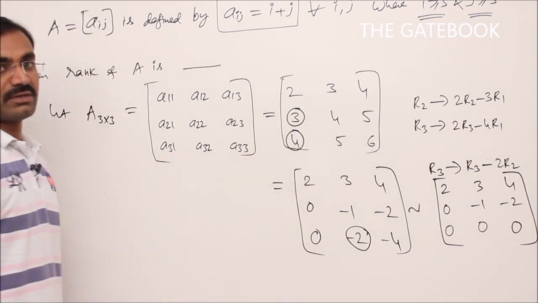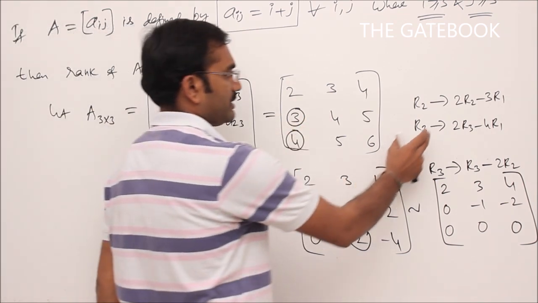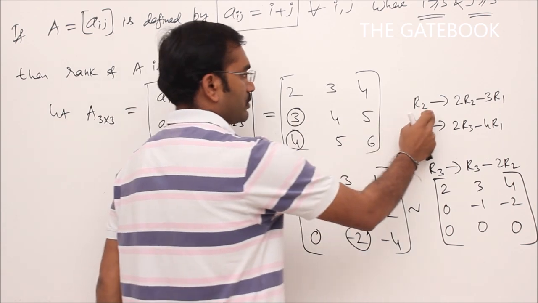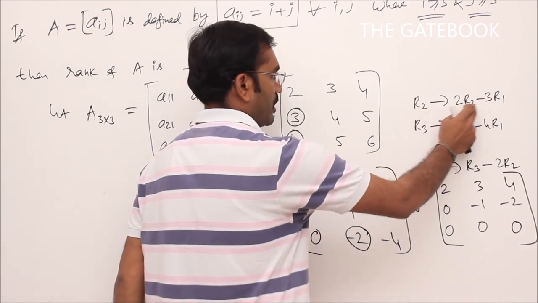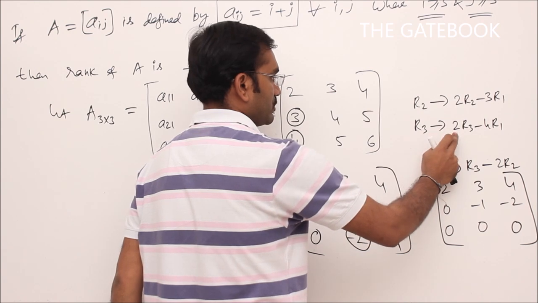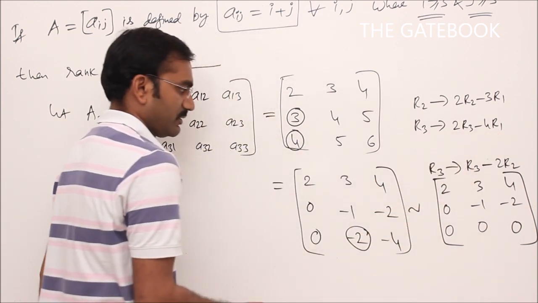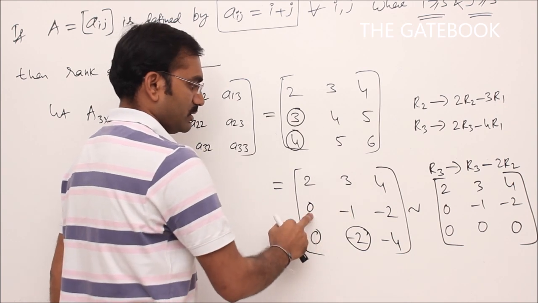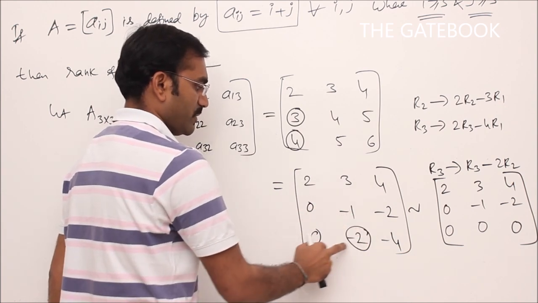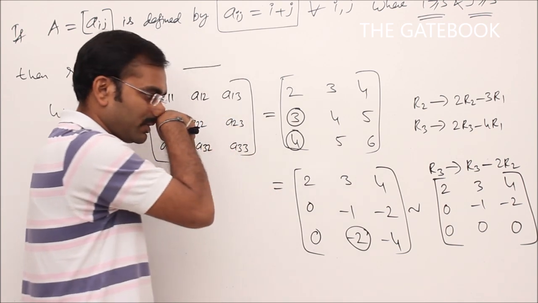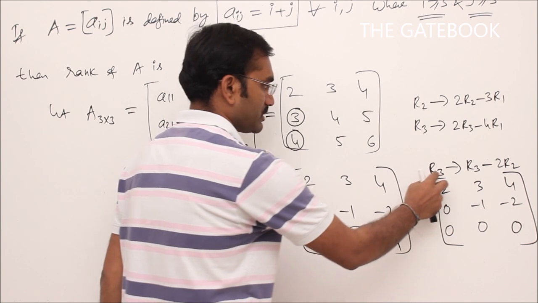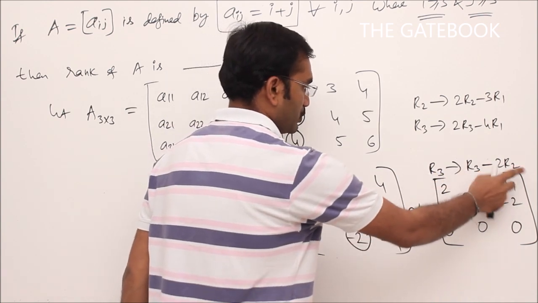Now reduce that matrix into echelon form. First, make these two elements zeros: R2 implies 2R2 minus 3R1, R3 implies 2R3 minus 4R1. That gives the first row the same, 2, 3, 4, the second row 0, minus 1, minus 2, and the third row 0, minus 2, minus 4. Again, to get the echelon form we make this element 0 by applying R3 implies R3 minus 2R2.